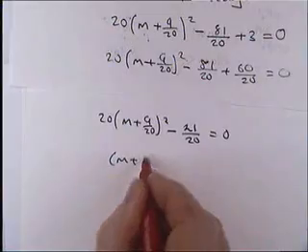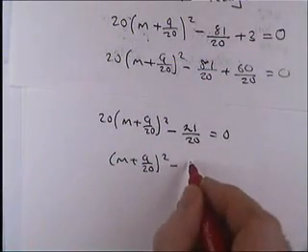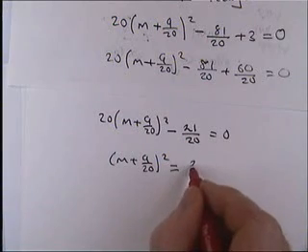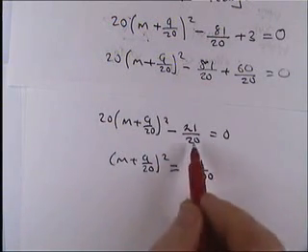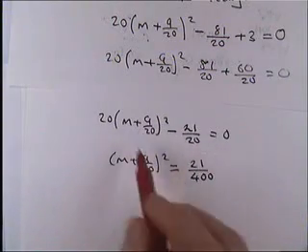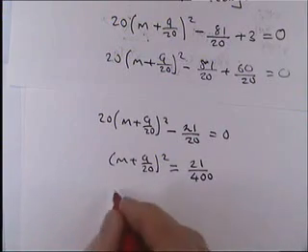So m plus 9 over 20 squared equals 21 over 400, because I've added 21 over 20 to both sides, and then divided by 20.